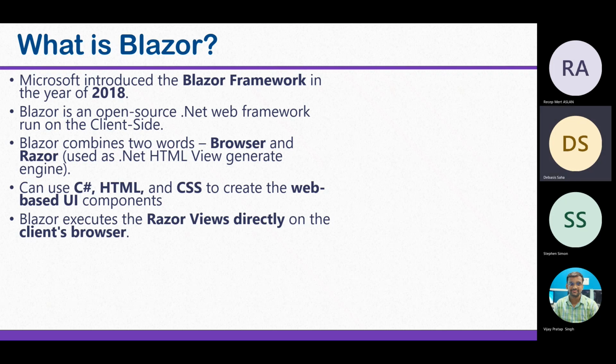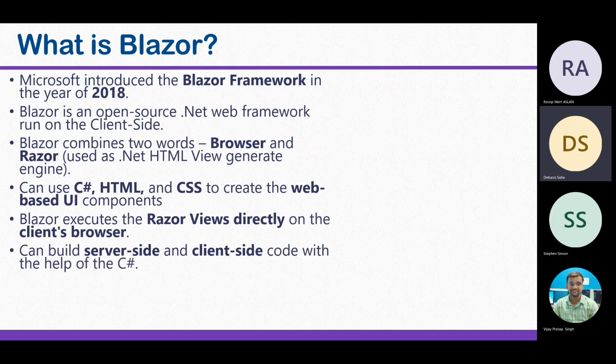Blazor can execute the Razor views directly on the client browser, so it does not require recompiling and converting anything. Whenever we create any Razor views in Blazor applications, we can directly execute those views in the browser and it renders the HTML directly.